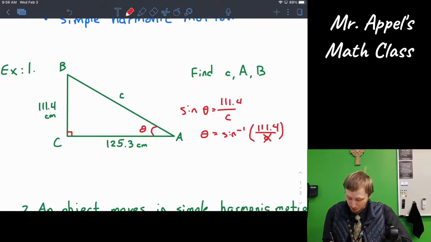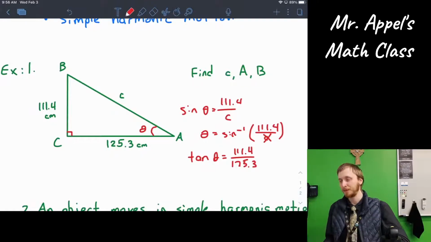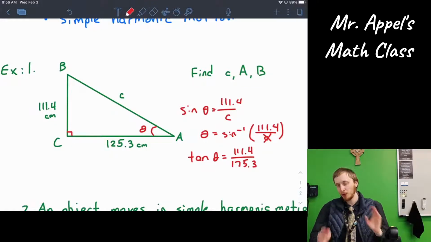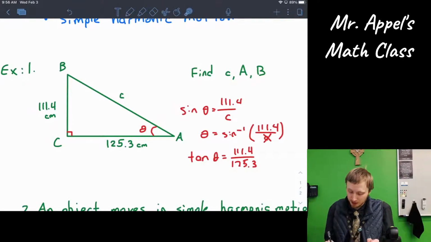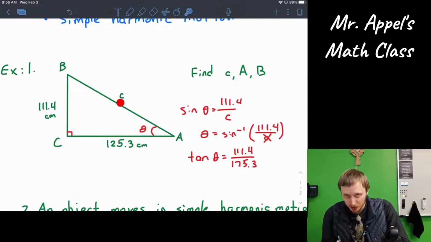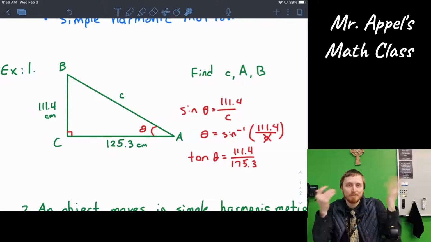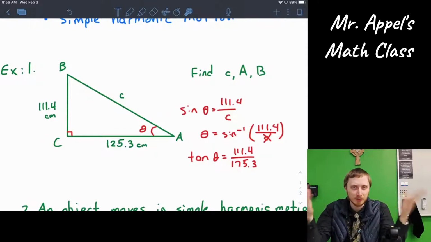A better option would be to go with tangent of theta, which would be 111.4 over 125.3. They will both work. They will both get you a correct answer. The reason I recommend going with tangent is what if you screwed up your computation for c? Any kind of mistake could happen, right?